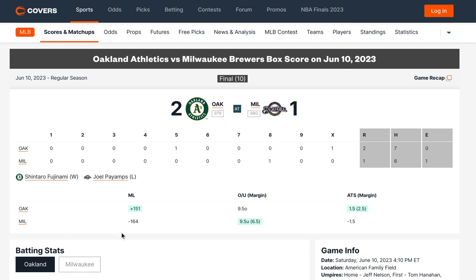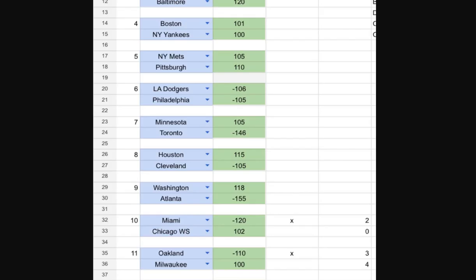All you see is Milwaukee minus 164, Oakland plus 151. How do you know that Oakland should be the favorite in this game? Well, unless you have a proven statistical model, there's absolutely no way to know.